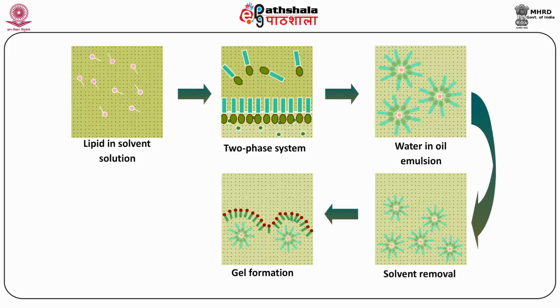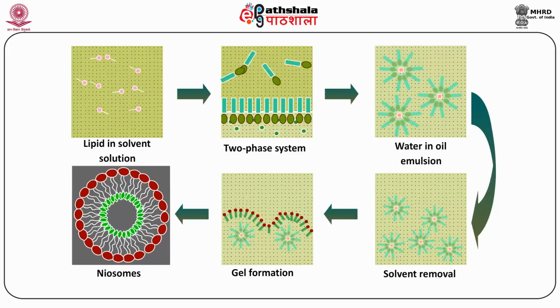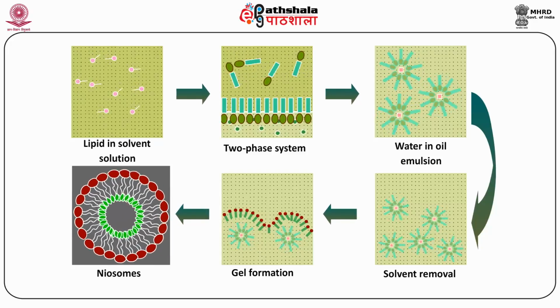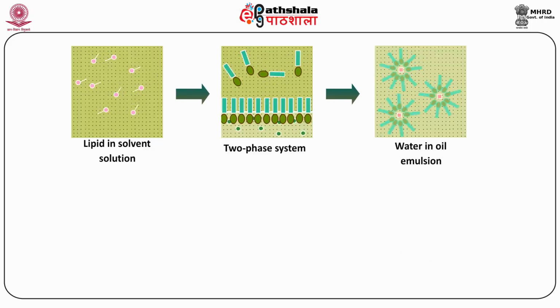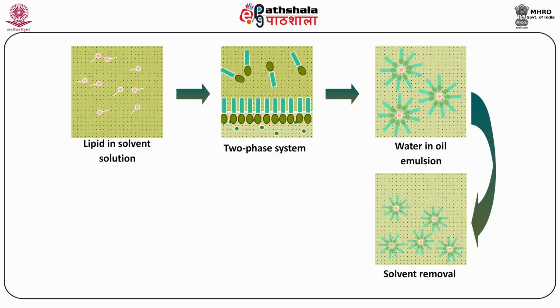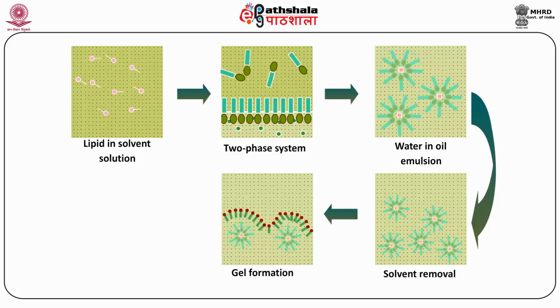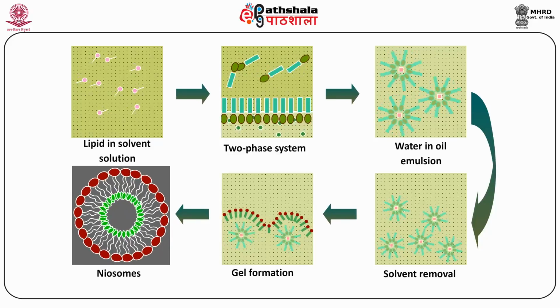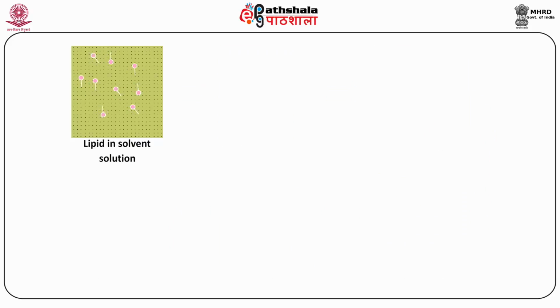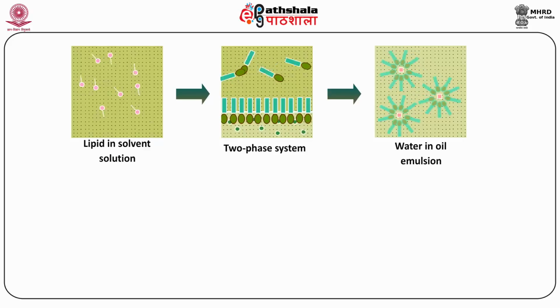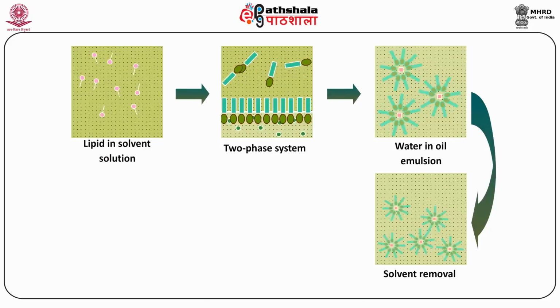Once the emulsion is formed, it is subjected to evaporation of the solvent under reduced pressure or at low pressure, thereby a gel state is formed. Once the gel state is formed, further removal of solvent results in the formation of neosomes.